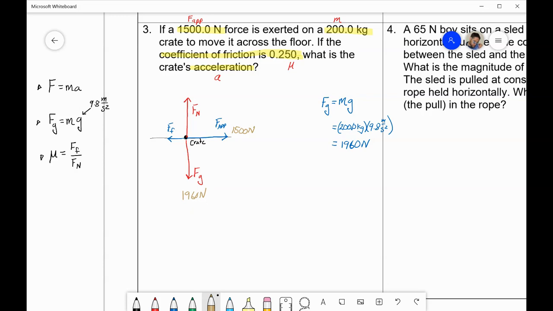Now, recognizing that because gravity is pulling it down and the floor is pushing up and that there's no motion up and down here, I'm going to go ahead and put the exact same number here, 1,960 newtons. And I'm going to put that in for my normal force as well, equal and opposite. So now I have a pull of 1,500 newtons. These two are balancing each other out, and I need to figure out what the force of friction is.